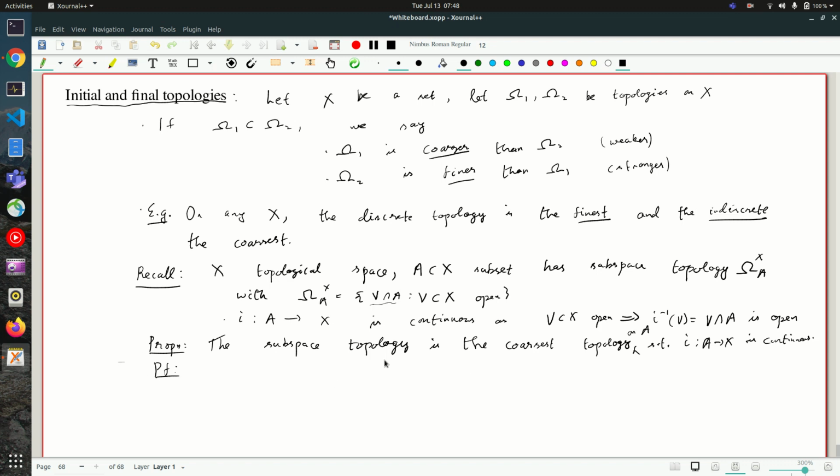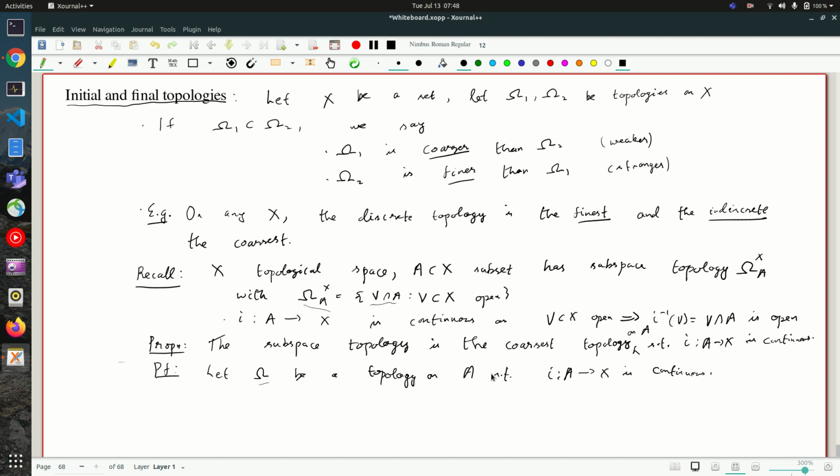Okay, so let's look at the proof of that. It's only a matter of notation. It's very simple. So let omega be a topology on A such that i is continuous. We have to show that the subspace topology is coarser than omega.